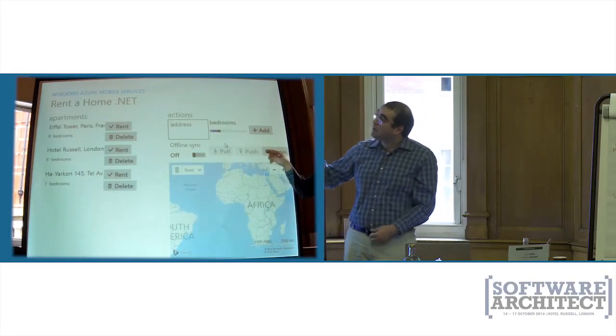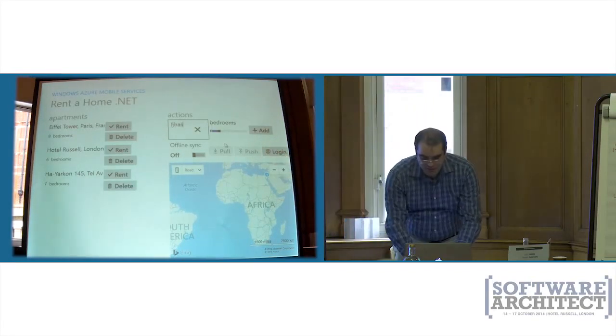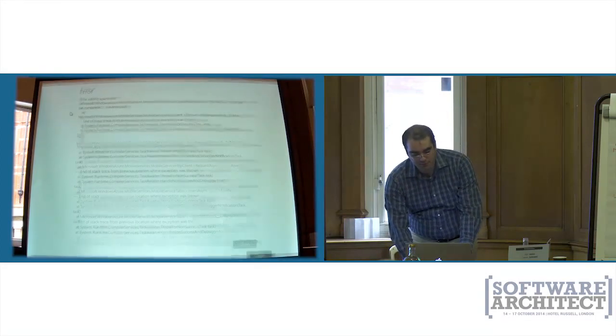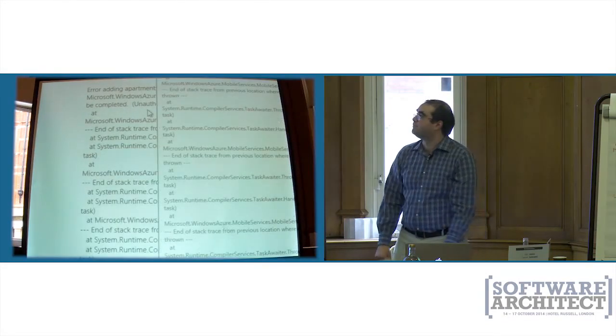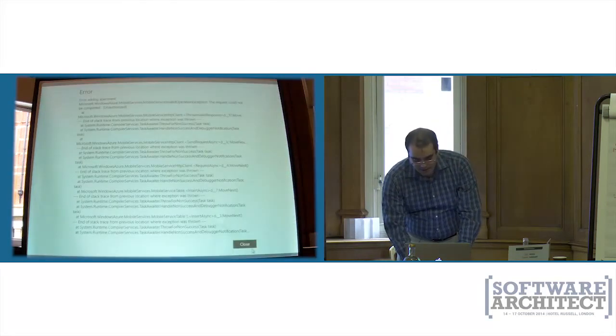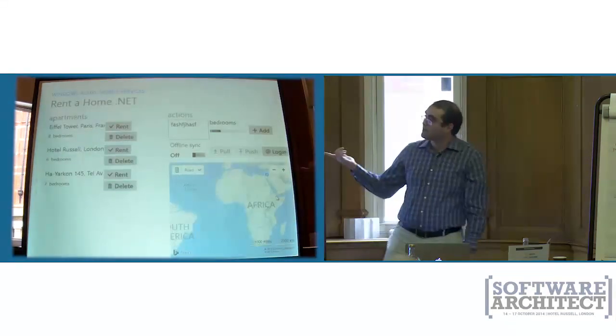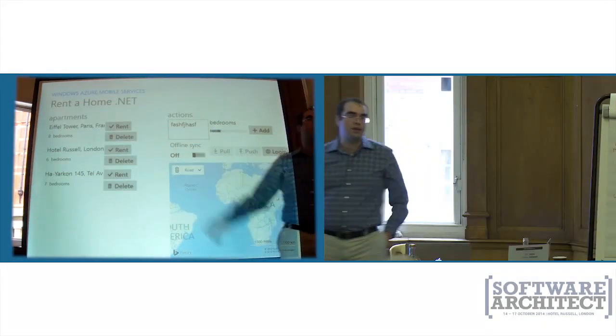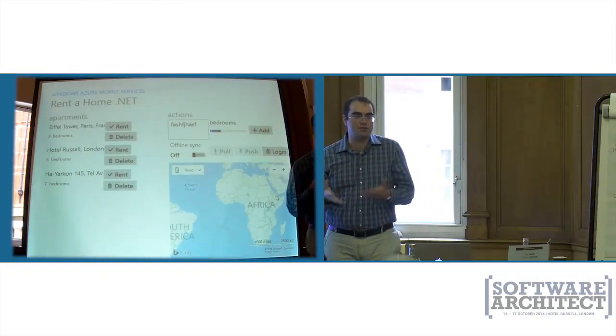And so that's what's happening here. If you recall, when I tried to add an apartment without logging in first, I got a 403, unauthorized. And you can have the same experience for reads, so the app wouldn't return any data unless you were logged on.